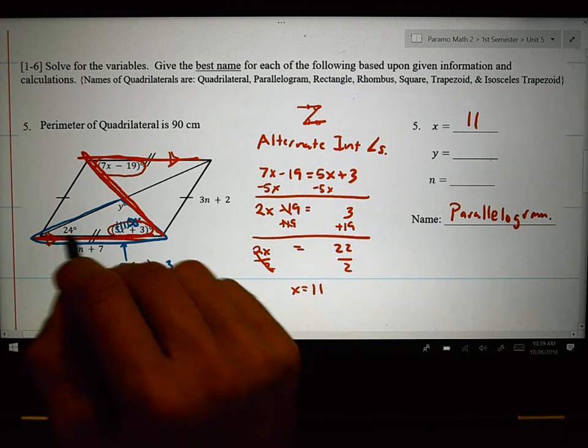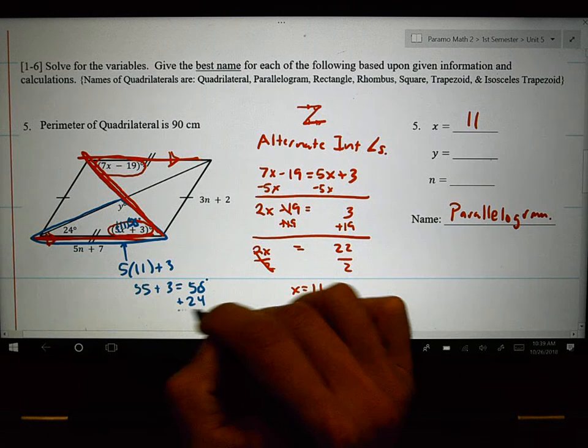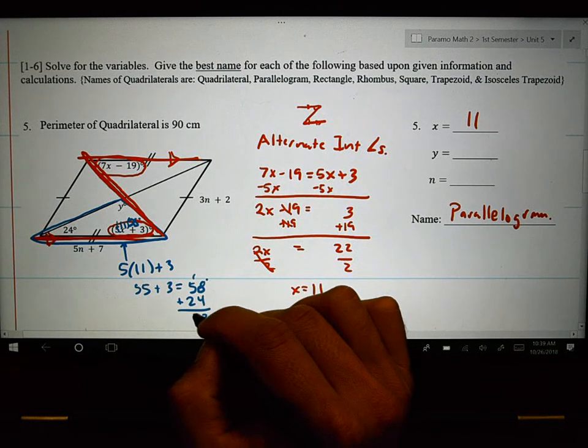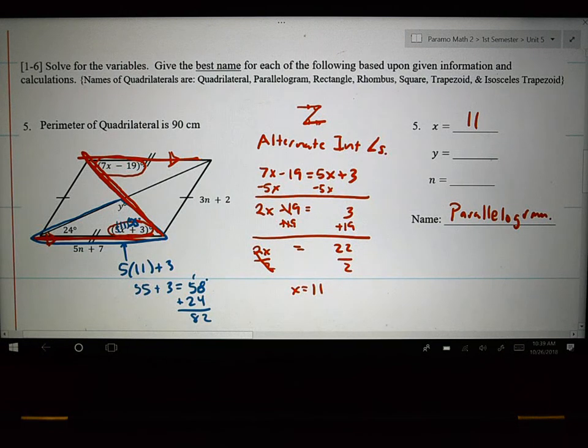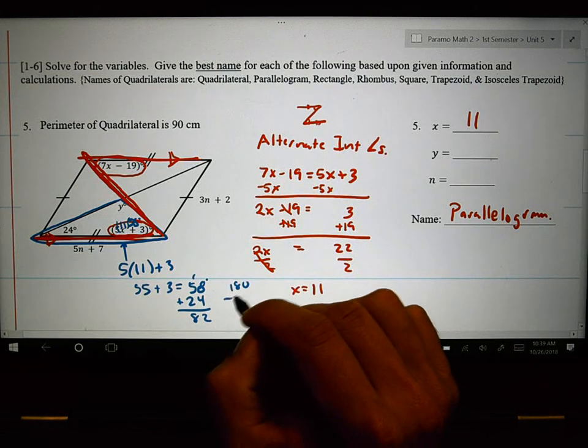I know that 58 and 24 together add up to 82 degrees. So these three angles must add up to 180 degrees. So all I'm going to have to do is do 180 minus the 82.